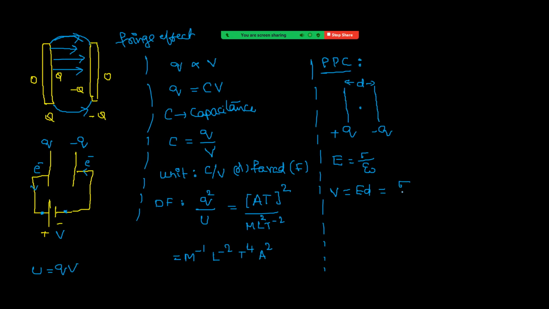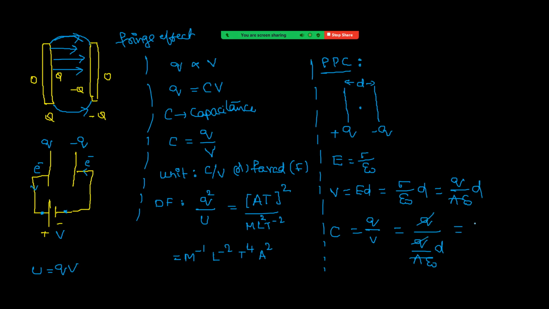That is sigma upon epsilon naught into D, and sigma is Q by A. So the potential difference is Q by A epsilon naught into D. Now capacitance equals charge upon potential difference, Q divided by Q D by A epsilon naught.